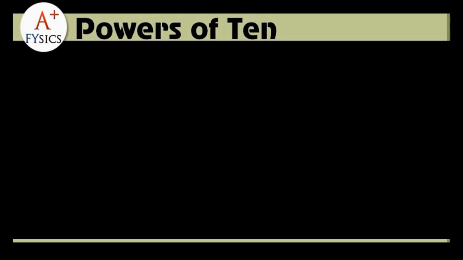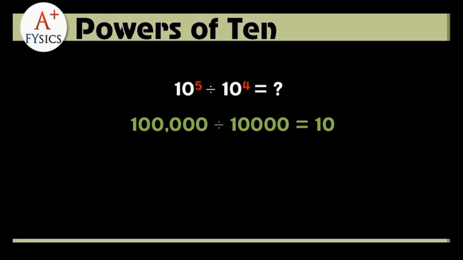Now let's go to dividing these numbers that are of power of 10. Look at this example. 10 to the power of 5 divided by 10 to the power of 4 is actually 100,000 divided by 10,000, and the answer is 10, or 10 to the power of 1.